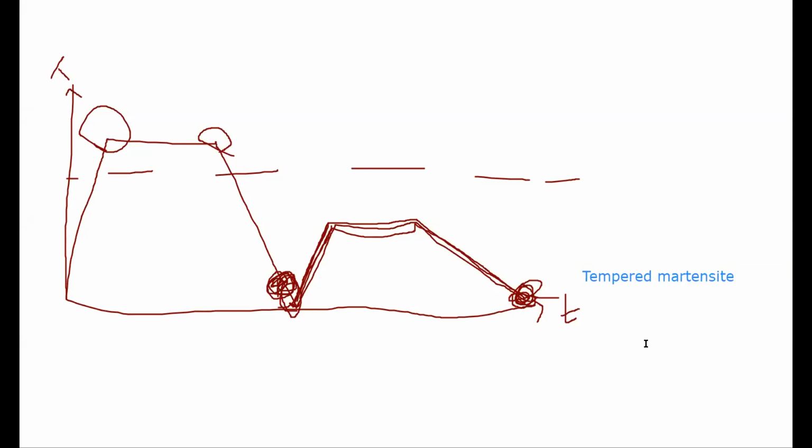Another important thing, how much the hardness is reduced depends on the temperature and time. So according to the temperature and time, how much the hardness is reduced depends, right? Do you have any doubt about this?